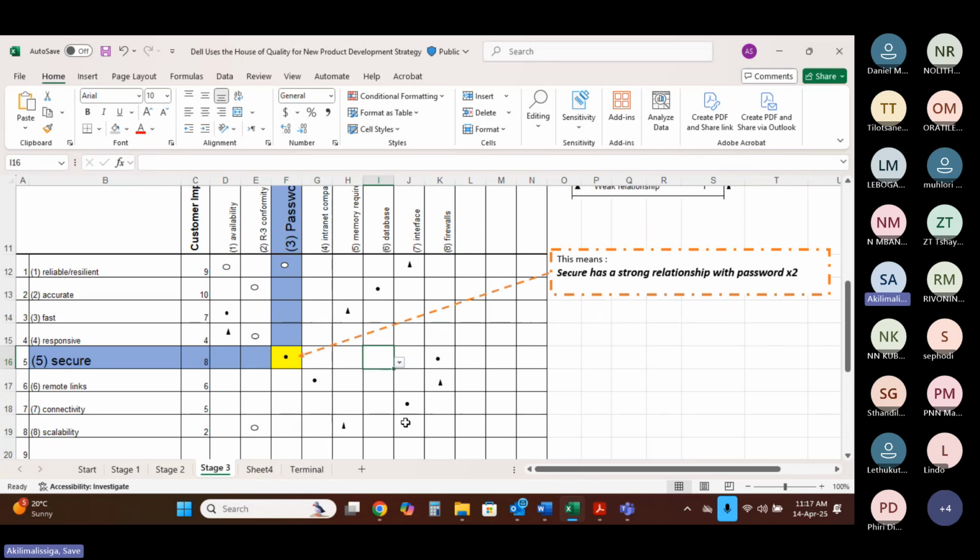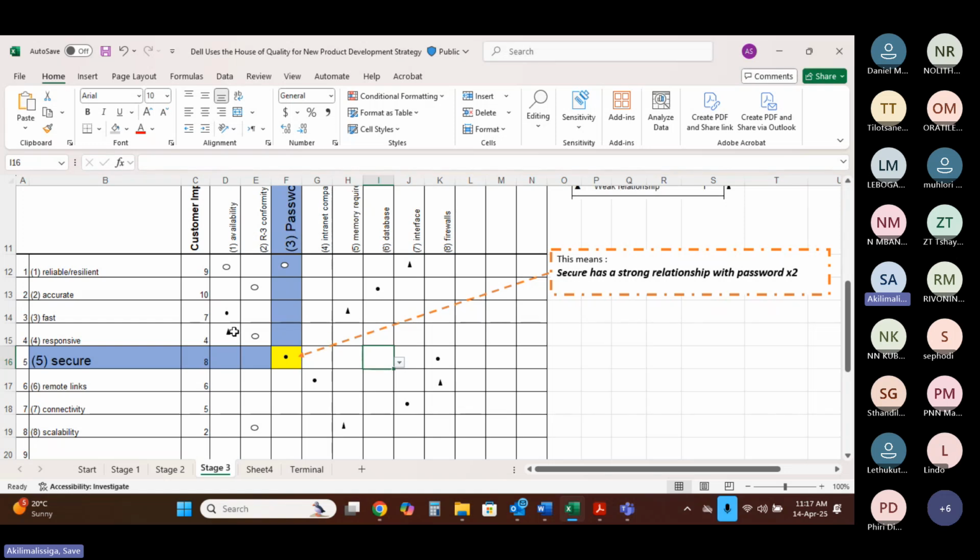All right, so once you are done with the relationship matrix here, the next step will be the last step. Now you will need to calculate what we call our importance ratings. You have to do those calculations that I showed you guys last week while explaining the building of a house of quality.